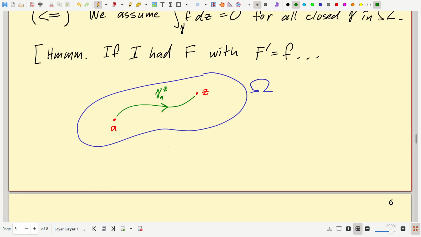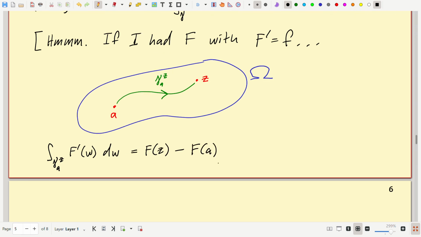If I had a thing like that, then the integral along gamma from A to z of F prime of w dw would be equal to F at z minus a constant. When you're differentiating functions, constants don't matter.